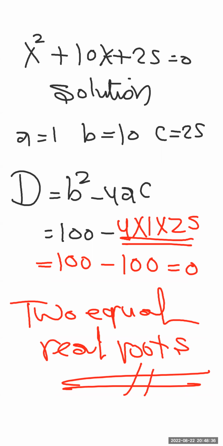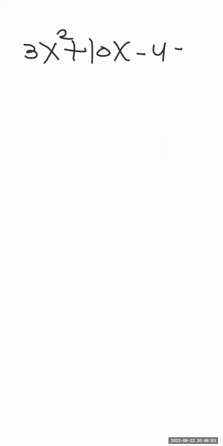Okay. One more question like that. 3x squared plus 10x minus 4 equals 0. So now A equals 3, B equals 10, C equals -4.